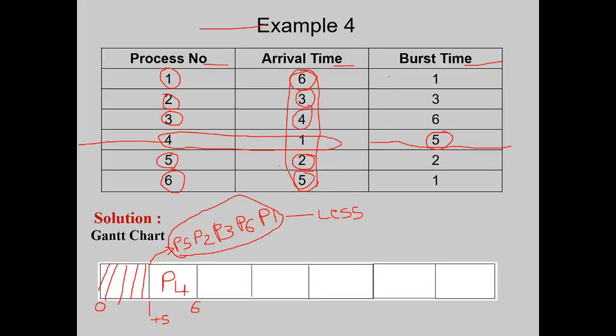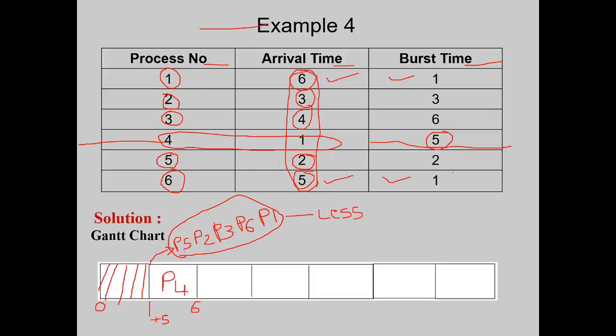Yes, two processes we have here with less burst time, process P1 and process P6. Now both burst timings are the same. Now in this case we need to consider their arrival time. Check out from these two, which process has arrived first. Yes, process P6 has arrived first at unit 5 and then later process P1 has arrived at unit 6.